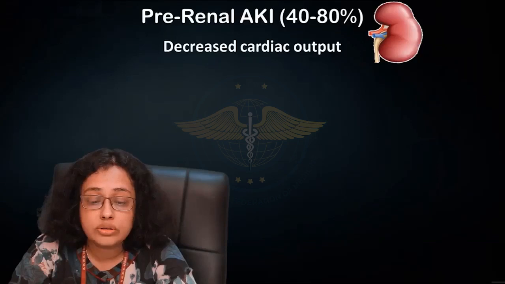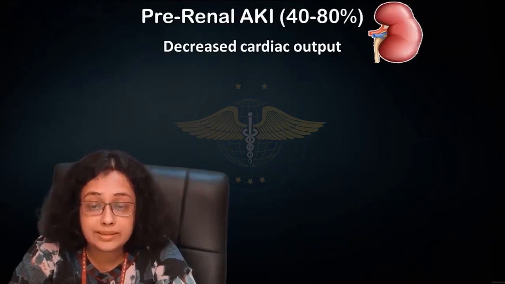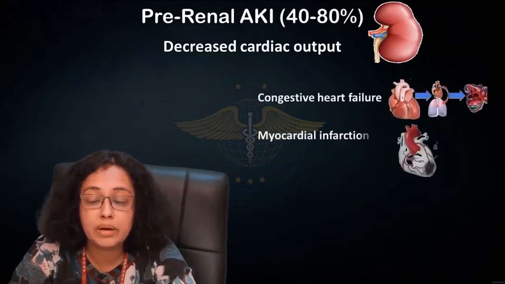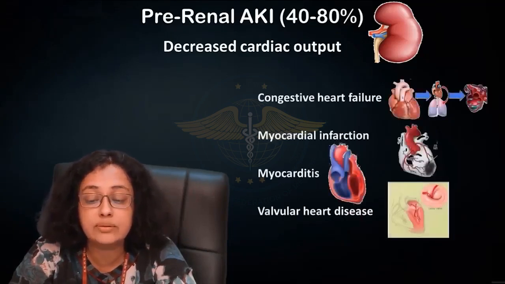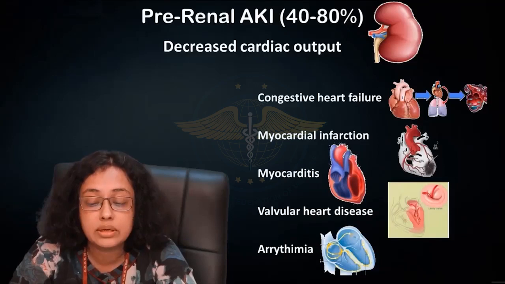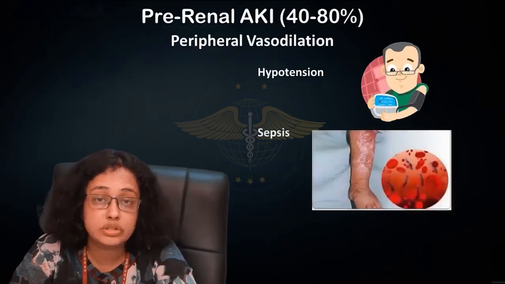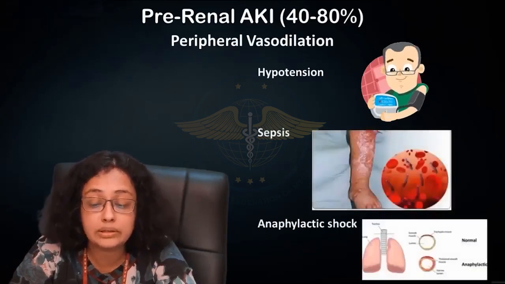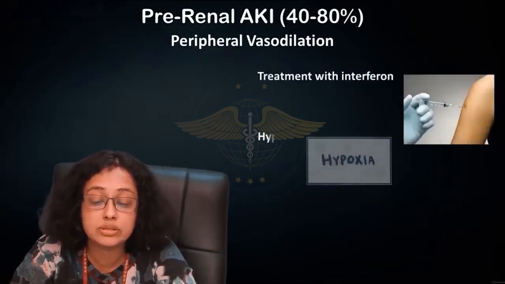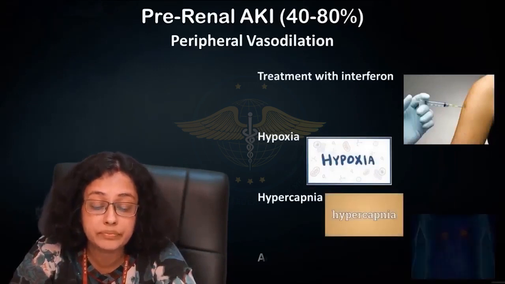Sometimes AKI can also develop if there is a decrease in the cardiac output because of cardiac disease like congestive heart failure, myocardial infarction, myocarditis, valvular heart disease, arrhythmias, cardiomyopathy, and so on. AKI can also develop due to severe peripheral vasodilatation, which is seen with hypotension, sepsis, which is a common cause of AKI, anaphylactic shock, treatment with interferons, hypoxia, and hypercapnia.